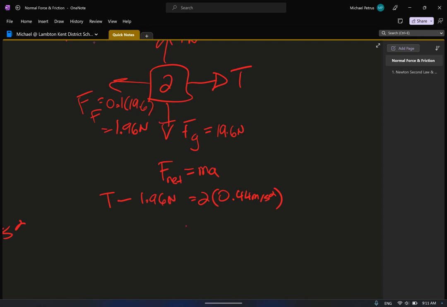So there's a tiny bit more algebra to do here. 2 times 0.44 is 0.88 newtons, and then it's going to be plus 1.96 newtons is equal to tension. So here we go. 0.88 with friction. I should have a little more tension than I had before. And I got 1.7 newtons. Just trying to think if that's actually, yeah.